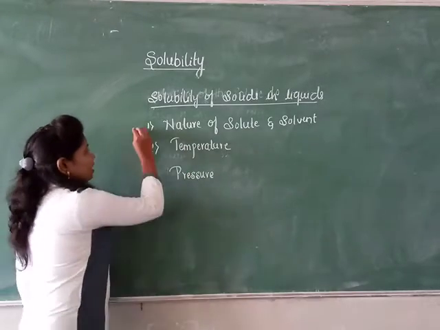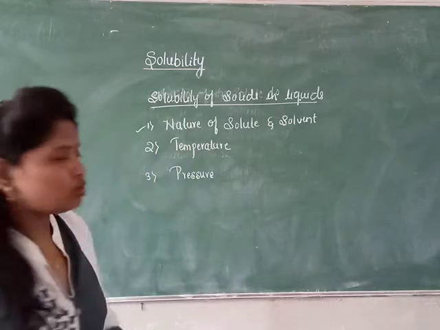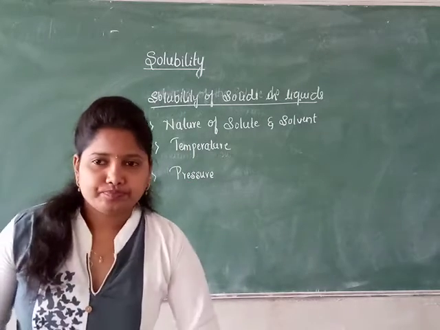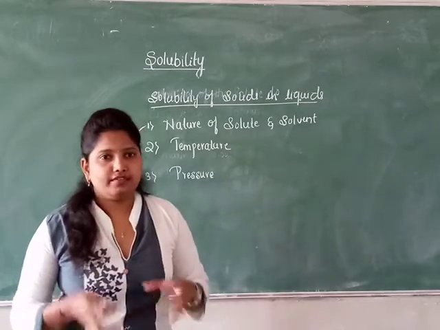Okay. Now let us study one by one. How do the nature of the solute and the solvent affect the solubility of solids in liquids? I told you that all solids do not dissolve in the given liquids.